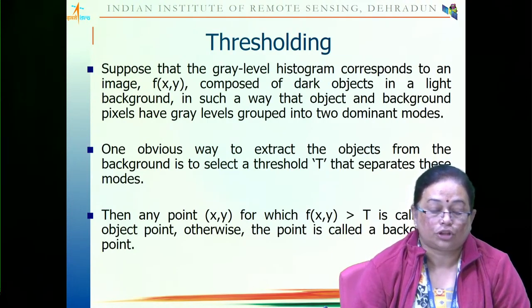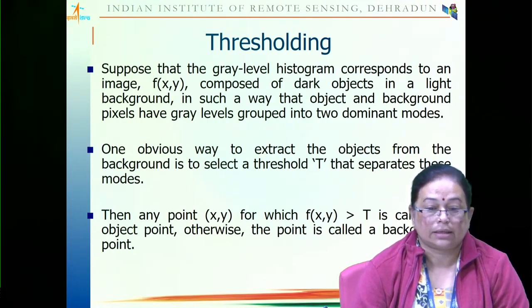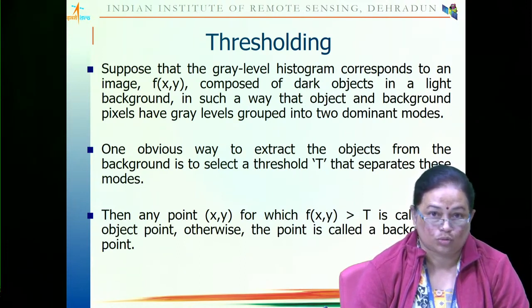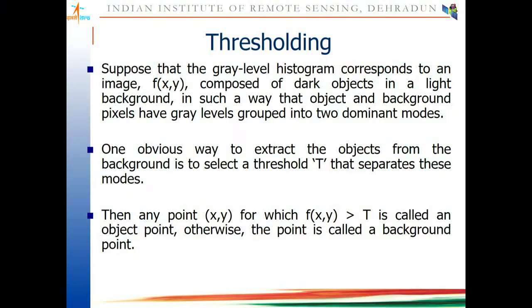Now, for thresholding, we suppose that the gray level histogram corresponds to an image composed of dark objects in a light background, in such a way that object and background pixels have gray levels grouped into two dominant modes.